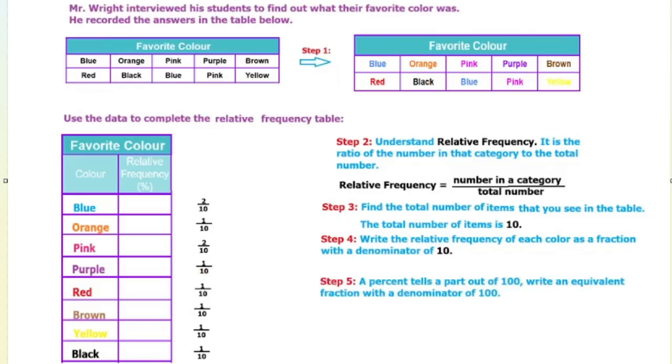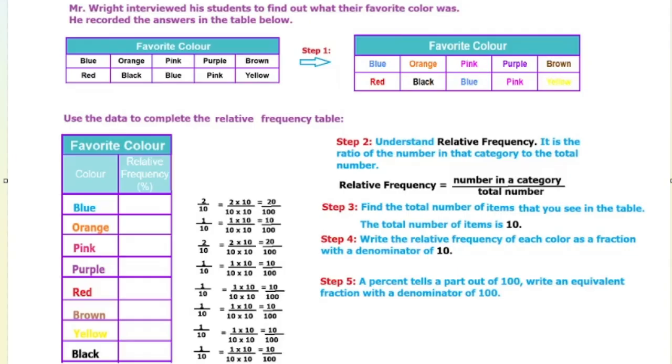So now we have to convert these numbers into a percent. A percent tells a part out of 100. So write an equivalent fraction with a denominator of 100. So how is that going to look? That'll look like this.